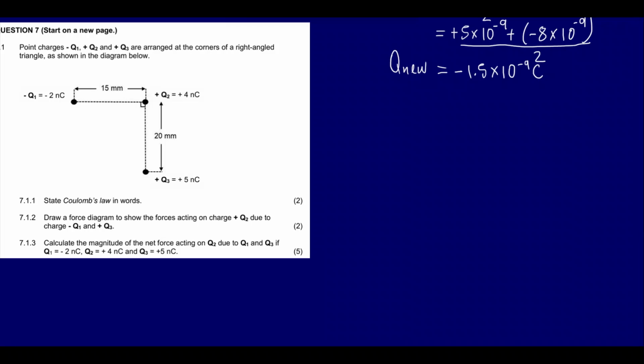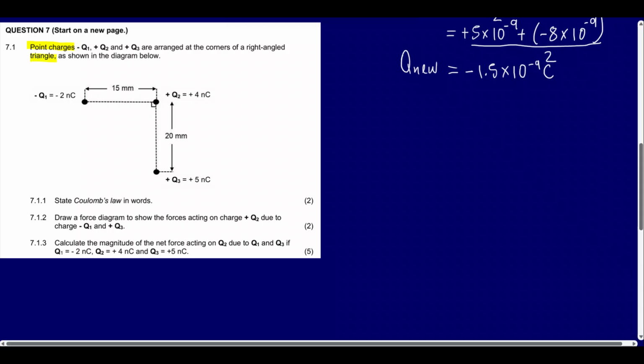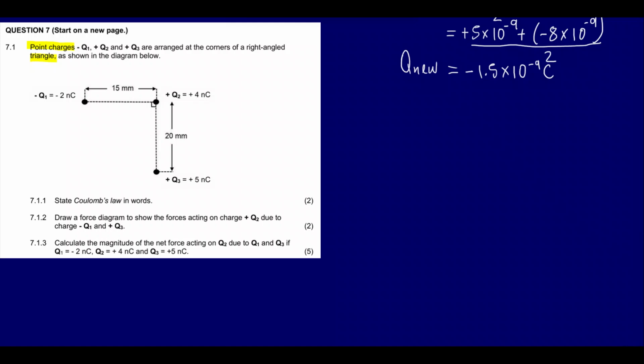So this is question 7, and we have to read the question carefully. We're given that point charges negative Q1, positive Q2, positive Q3 are arranged at the corners of a right-angled triangle, as shown in the diagram below.